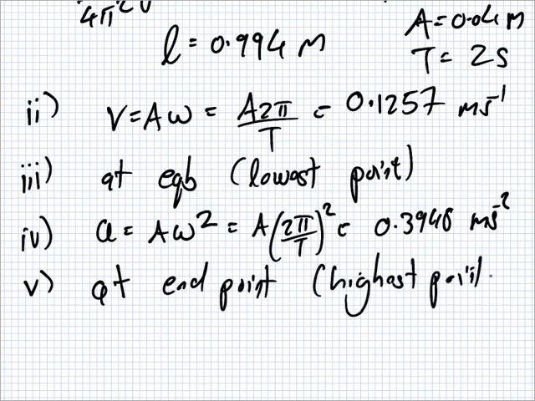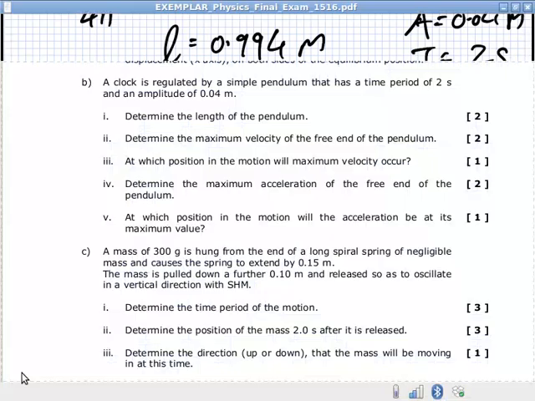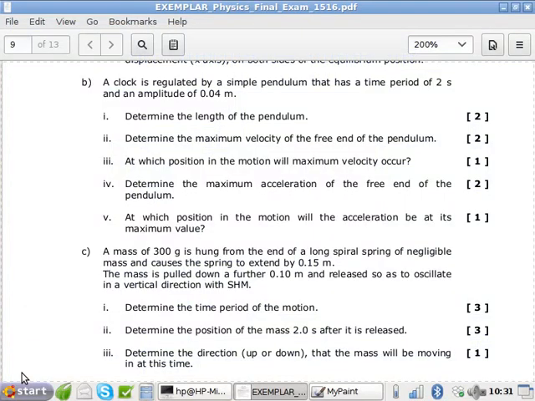Right, what's next? Or is that the end of the B part? So on to the C part now. 300 grams is hung and extends by 0.15 and it's pulled down by a further 0.10.